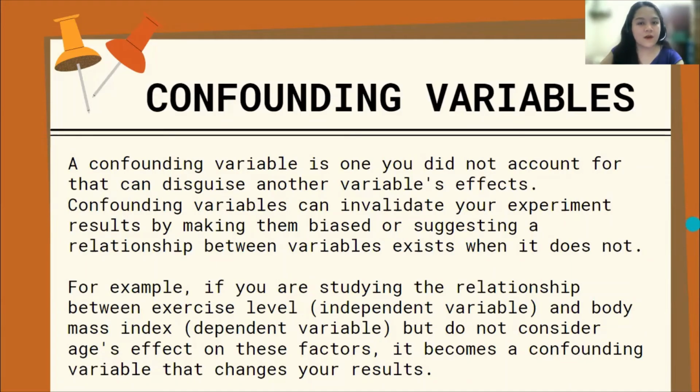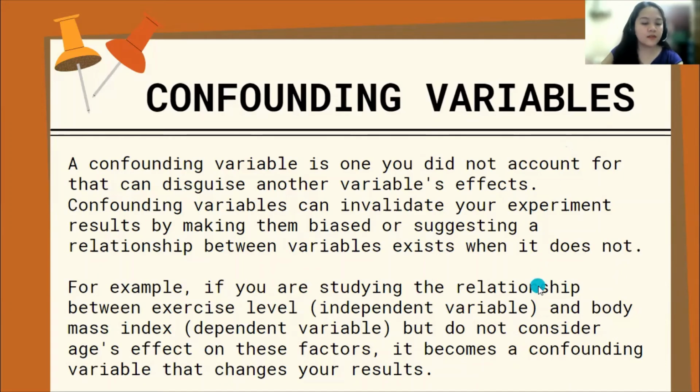What is confounding variables? A confounding variable is one you did not account for that can disguise another variable's effect. Confounding variables can invalidate your experiment results by making them biased or suggesting a relationship between variables exists when it does not.